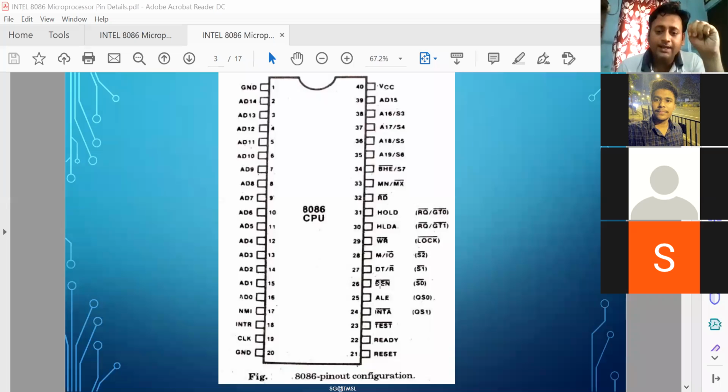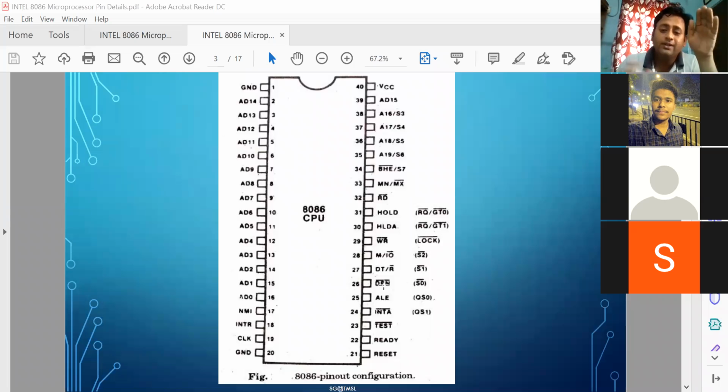Okay. And DEN bar means data enable, whether there is any data available in the data bus. It is used for external as well as internal purposes, to represent that a certain amount of data is available in the data bus buffer.